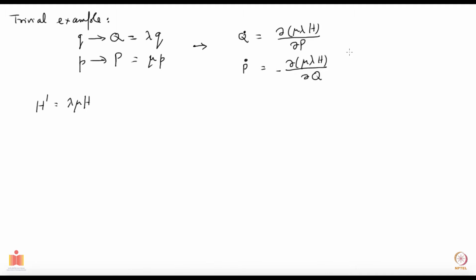So under these scalings, the equations of motion hold true. That's simple. You can always scale up your coordinates.